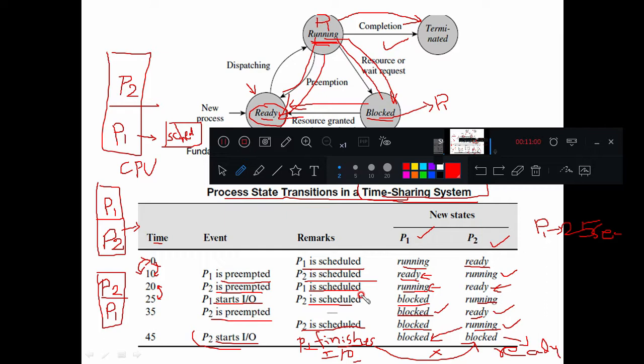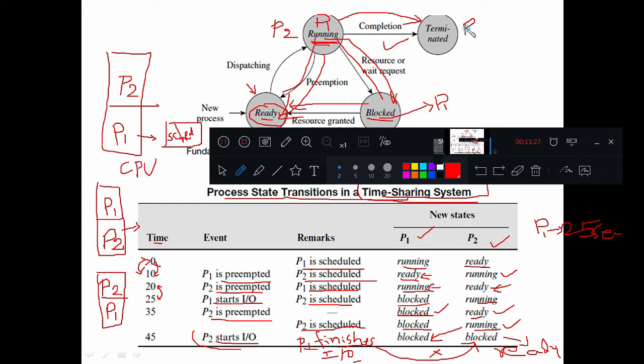Similarly, once P2 finishes its IO operation, its state will be changed from block to ready, and if the operating system doesn't find any other process in memory, then P2 is scheduled again, and once the execution of P2 is over, its state will be changed from running to terminated state. Right?